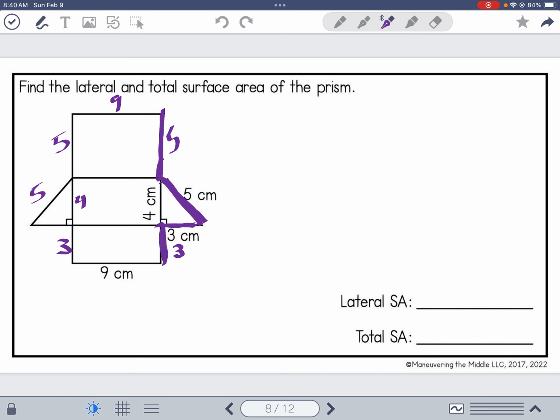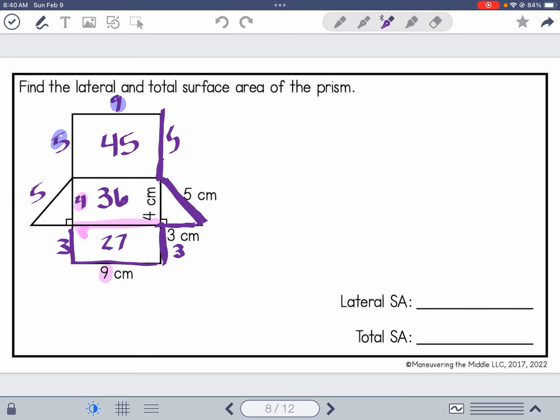That top rectangle is a 9 by 5, and 9 times 5 is 45. The middle rectangle is a 4 by 9. 4 times 9 is 36. The bottom rectangle is a 3 by 9, which is 27.